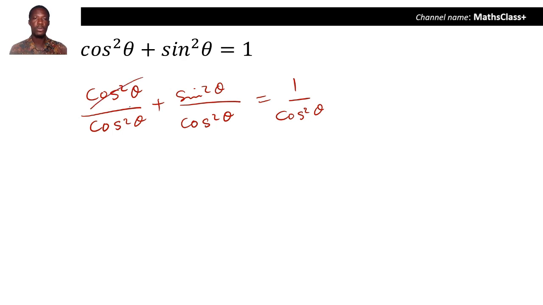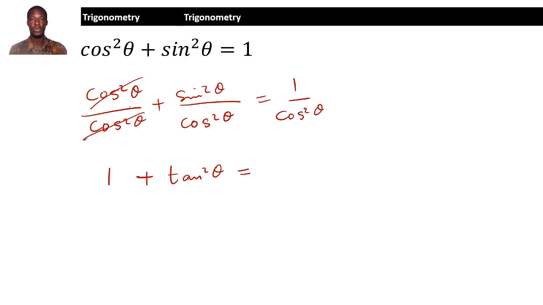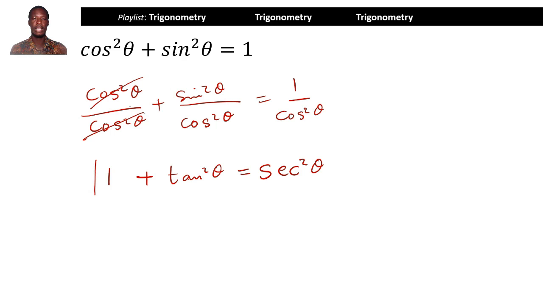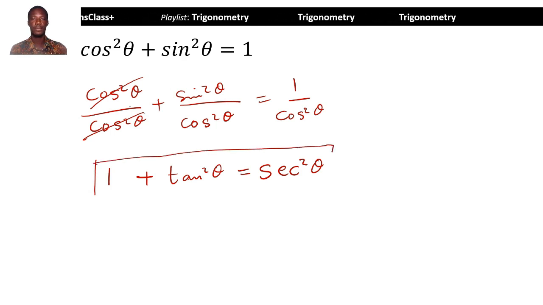So cos squared theta divided by cos squared theta gives us 1. Sine over cos gives us tan, so this one is tan squared theta. And 1 over cos squared theta gives us sec squared theta. So this is the second identity we have.